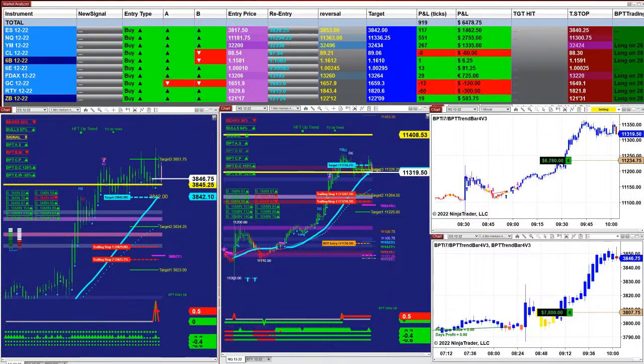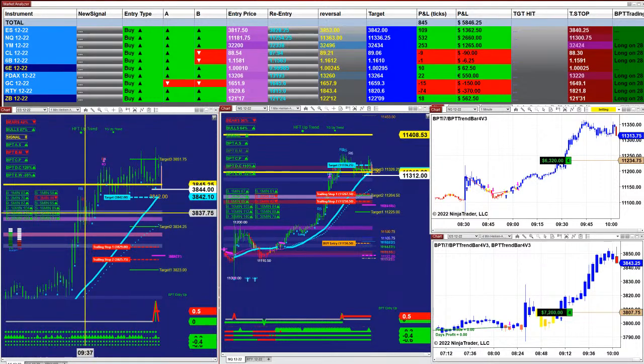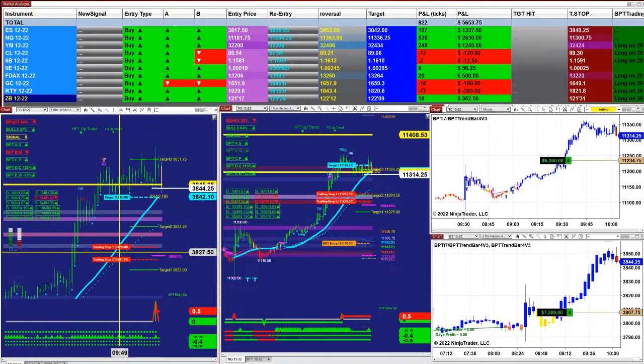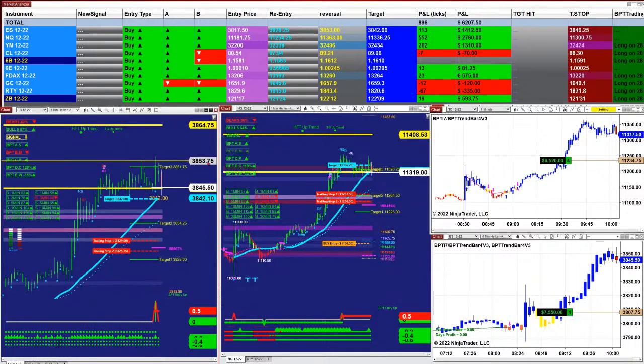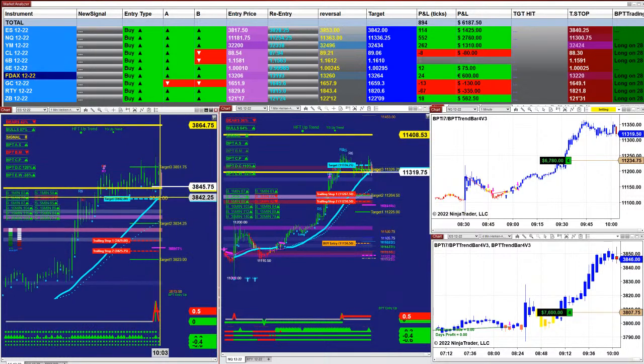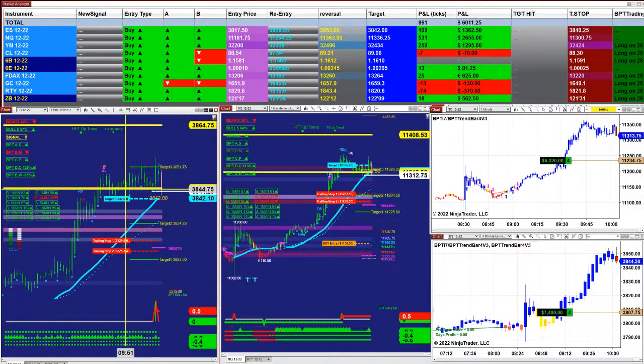At the same time, if we want to examine what's going on in here, you have a lot of support area. There is no short at this moment. So what happened in here is it came to the re-entry at 38.42.25 and stayed in here, going sideways.